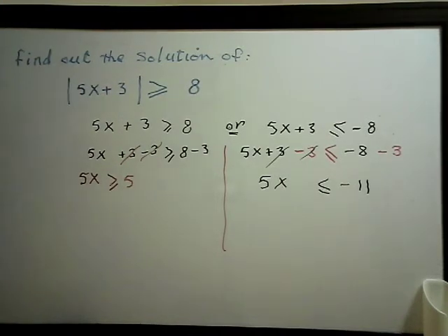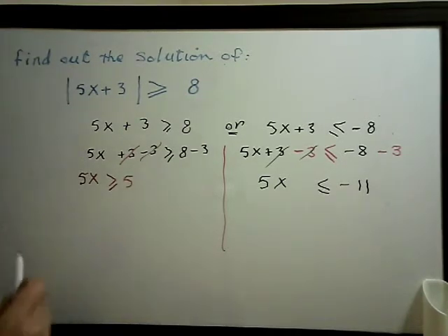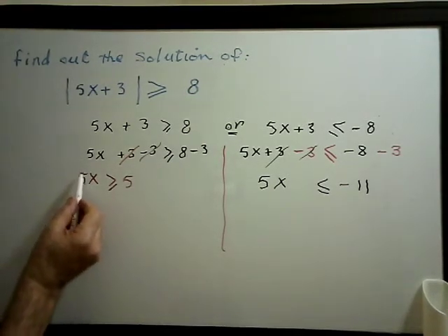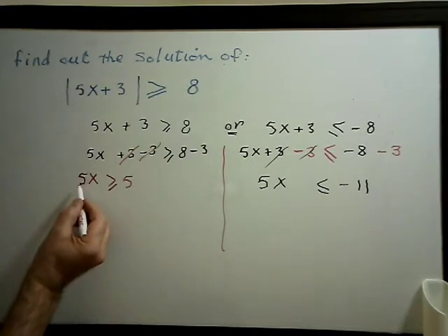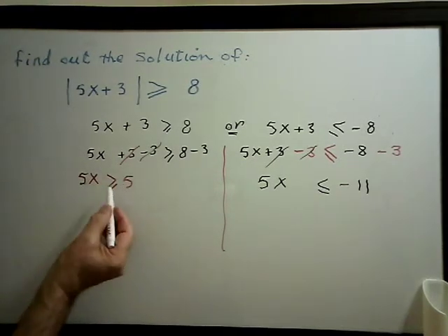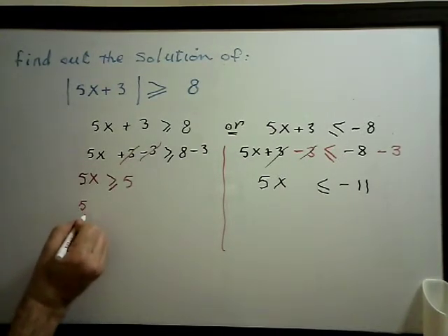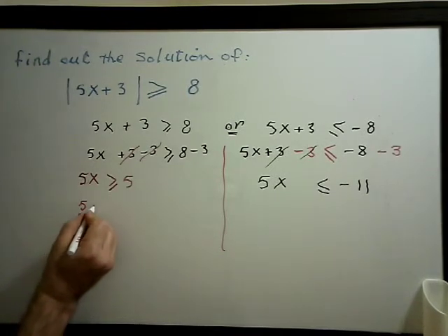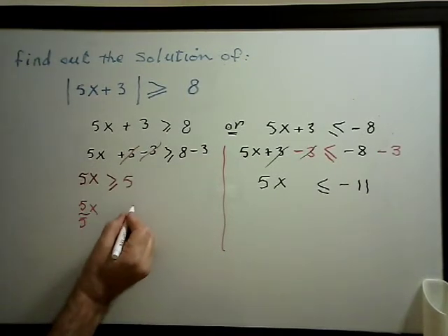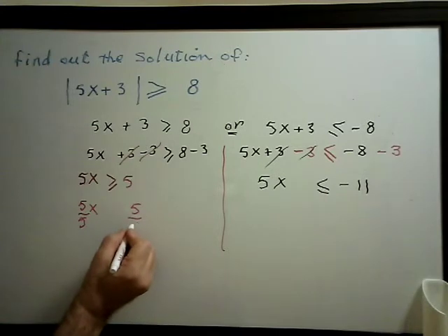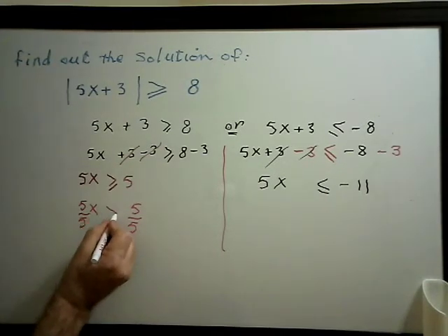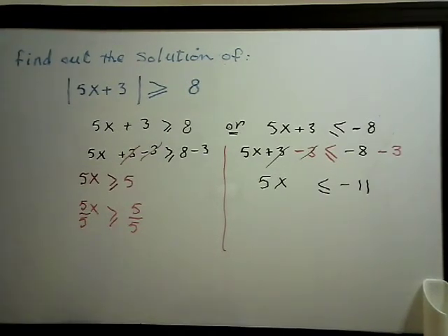Then we just divide by the coefficient of x, which is 5. A positive number will not change the inequality sign. So 5x over 5, here 5 over 5, the same inequality state.